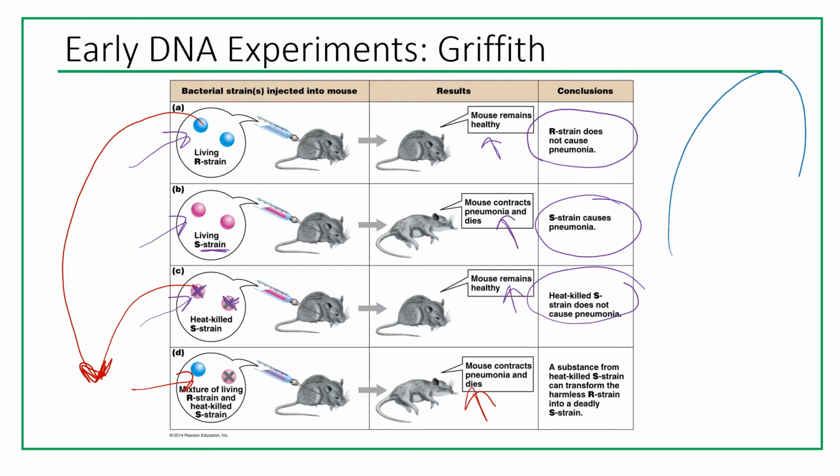So here's our blue, that's our R strain. Griffith's hypothesis was there is some molecule inside the R strain, and that molecule has instructions for this bacteria to divide, to get its energy, to perform all its physiological functions, including not causing pneumonia.